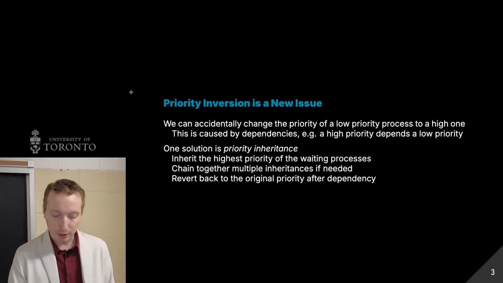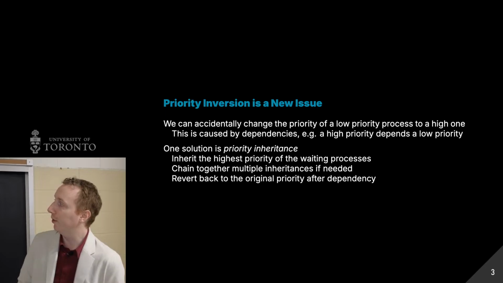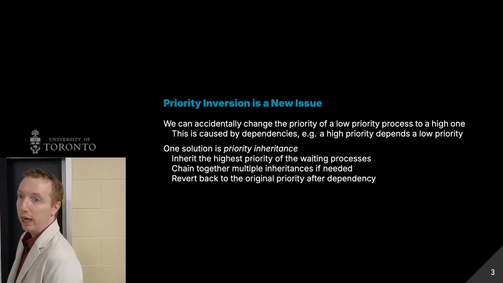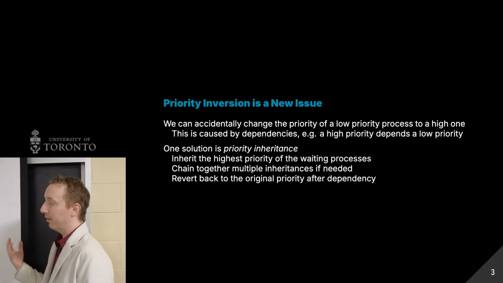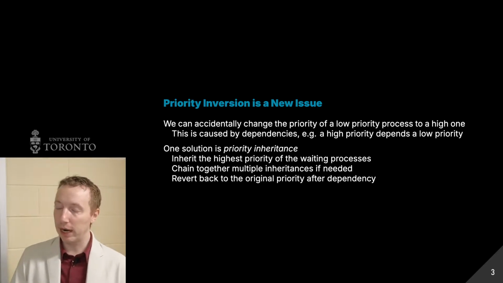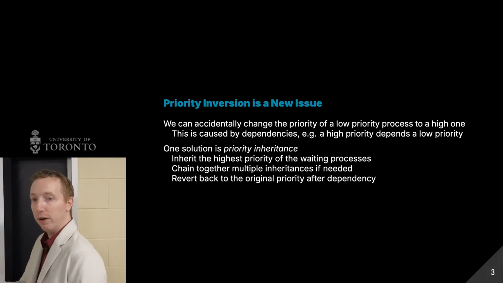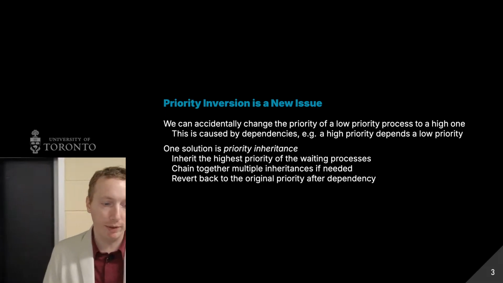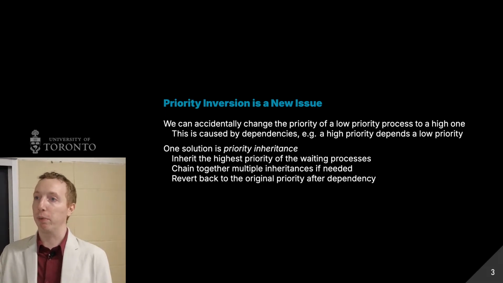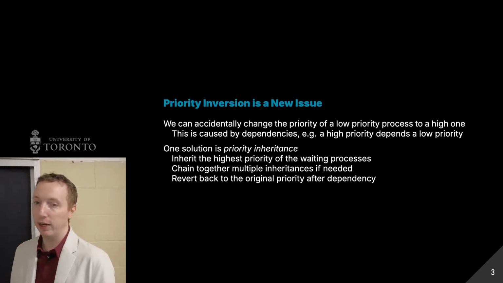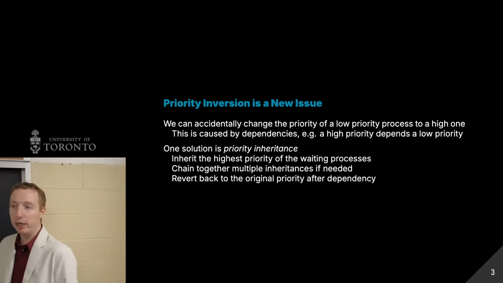So if I was to actually solve this issue, one solution you could have is priority inheritance. If you, as the kernel, detect that one process is depending on another for output, it's blocked on it for some reason, then in order to break this, I could inherit the highest priority of the waiting process.